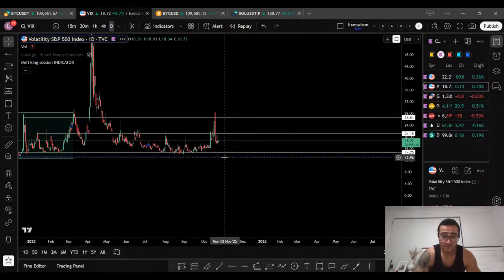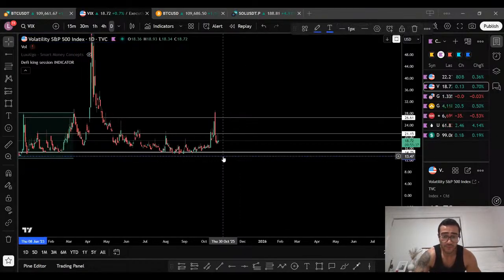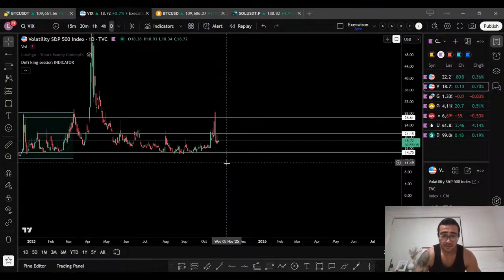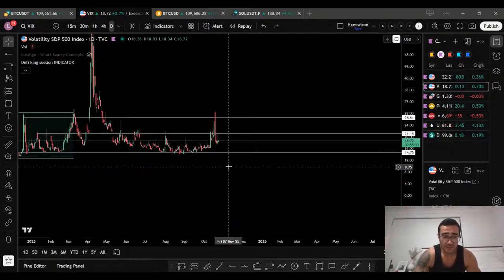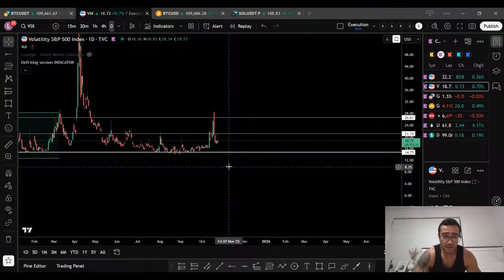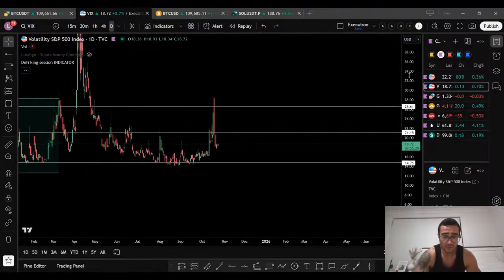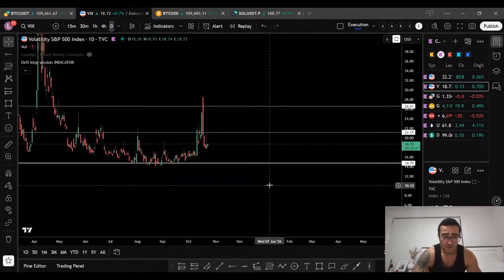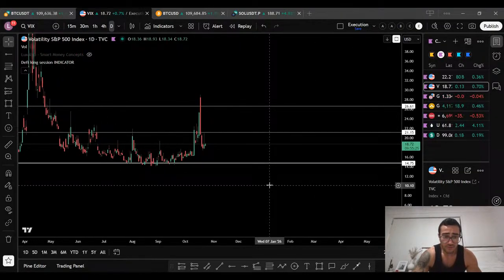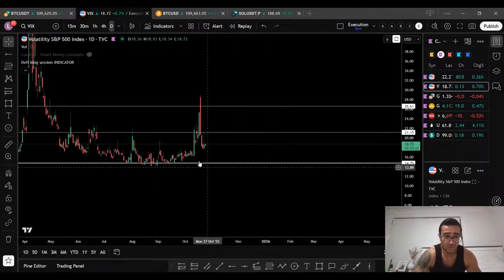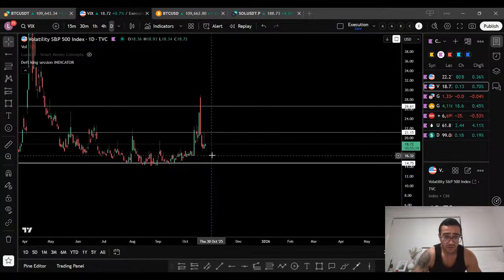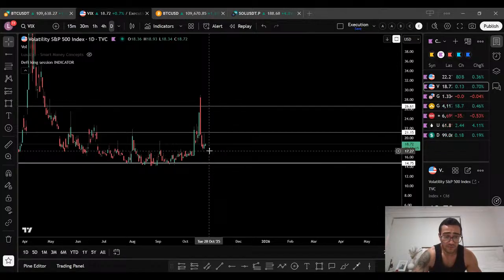Now, this isn't giving me much information, but it is continuing to stay inside this trend line or this trend channel. So that's the only thing giving me confirmation on what I should be looking for. So I'm looking for, what am I looking for here?